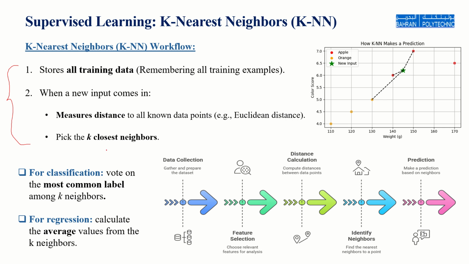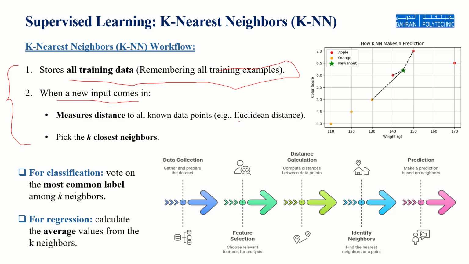Basically, it stores all the data. All your data is your training samples, and there is nothing you can leave out. Your whole data is considered as your training examples. Now when a new input comes, it takes the distance of the new input to all other known data points.